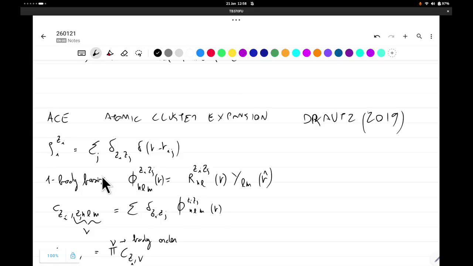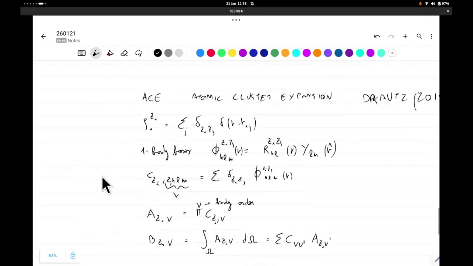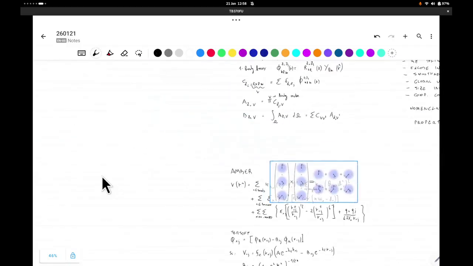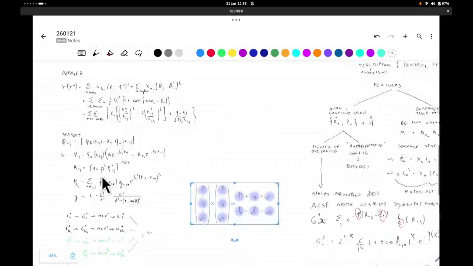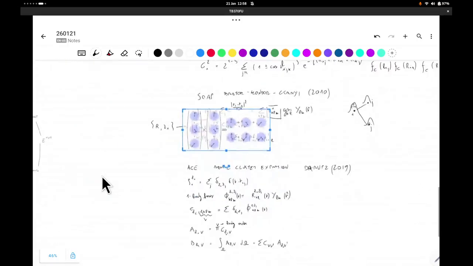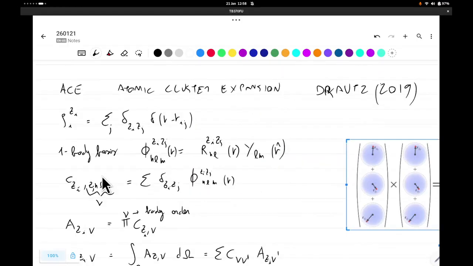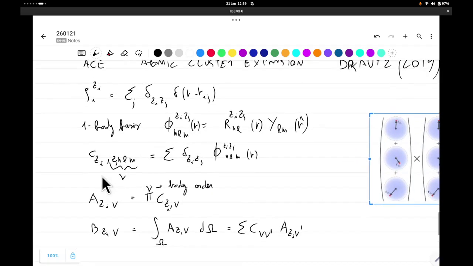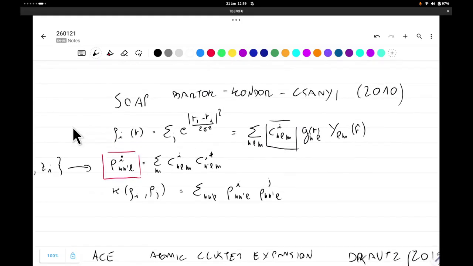Okay, so the answer is very similar to the beginning. Oh, I didn't say this is a smooth overlap of atomic positions.